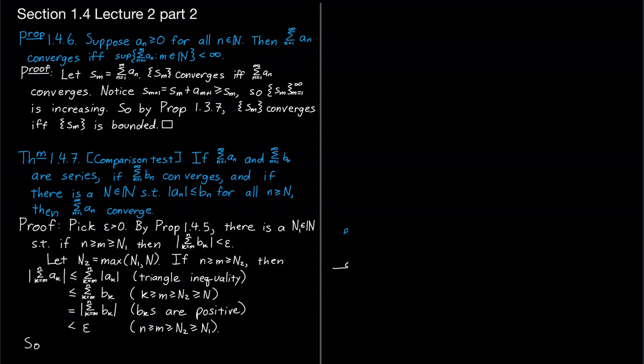And so for any epsilon greater than 0, for whatever epsilon our reader picks, there is an n2 such that if n is bigger than m is bigger than n2, then this partial sum is less than epsilon.